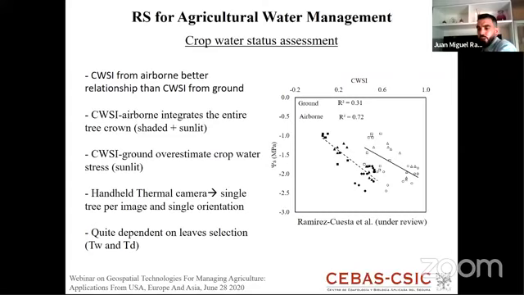These errors derive from the large variation in wet reference temperature within a tree canopy, and also from the leaf wetness level, which is very dynamic, particularly under warm and dry conditions. Therefore, this approach is quite dependent on the leaf selection, especially those selected as wet and dry references, and that where the stem water potential measurements were performed.